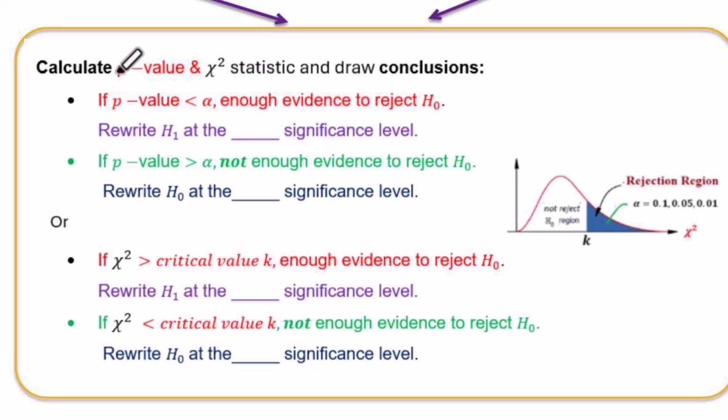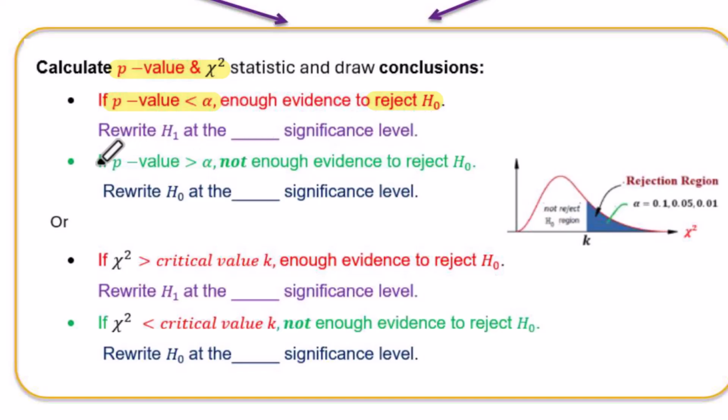After you calculate the p-value and chi-squared statistic, you can draw conclusions like this. If p-value is less than alpha, there is enough evidence to reject H0, then rewrite H1 at the certain significance level.